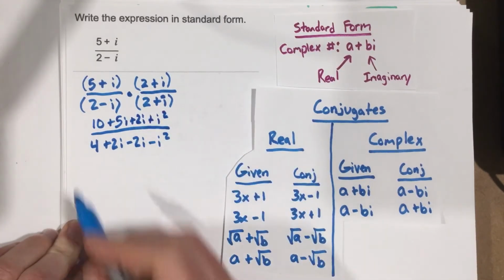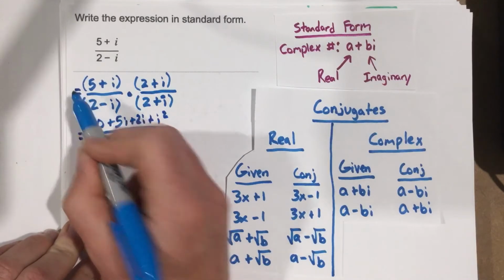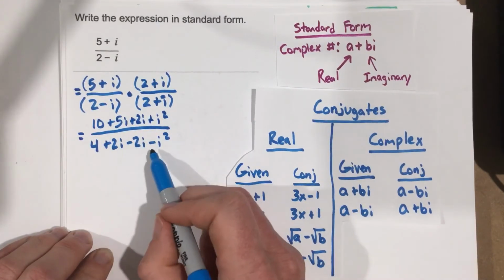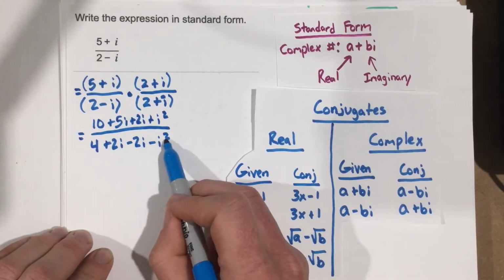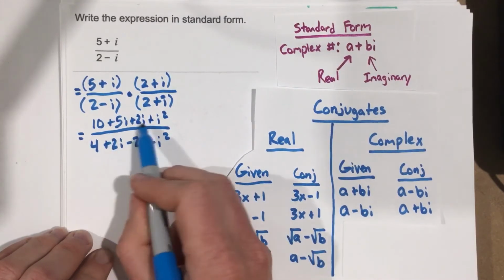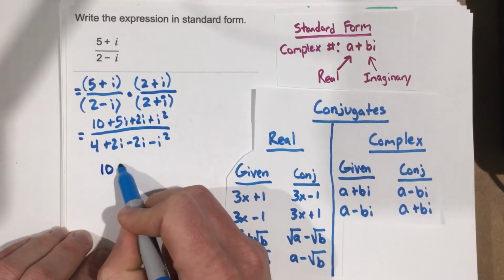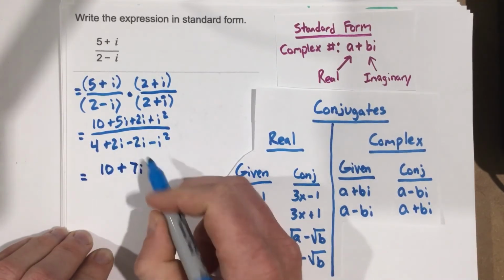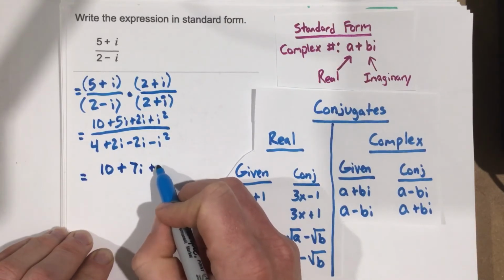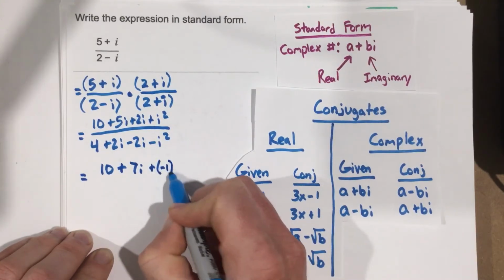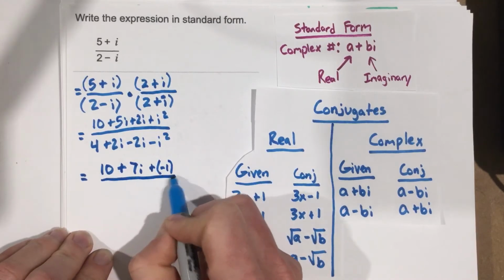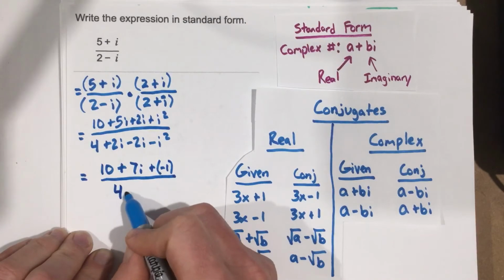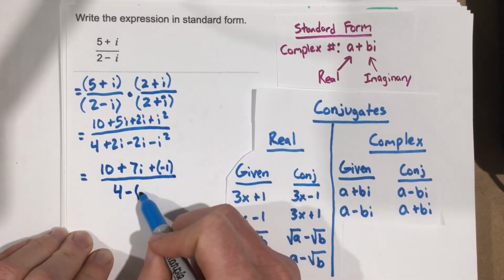So you can see why we're doing this, because in the denominator, look what happens. 2i minus 2i, that goes away, and we get minus i squared, so that's minus negative 1. So we end up with, let's combine the top a little, 10 plus 7i plus negative 1, over, because remember i squared is negative 1, 4 minus i squared, which is also negative 1.